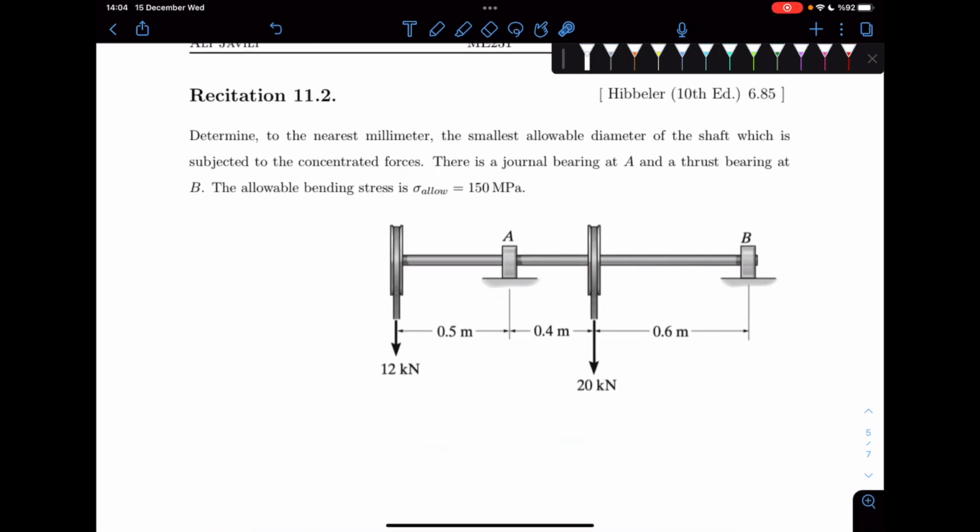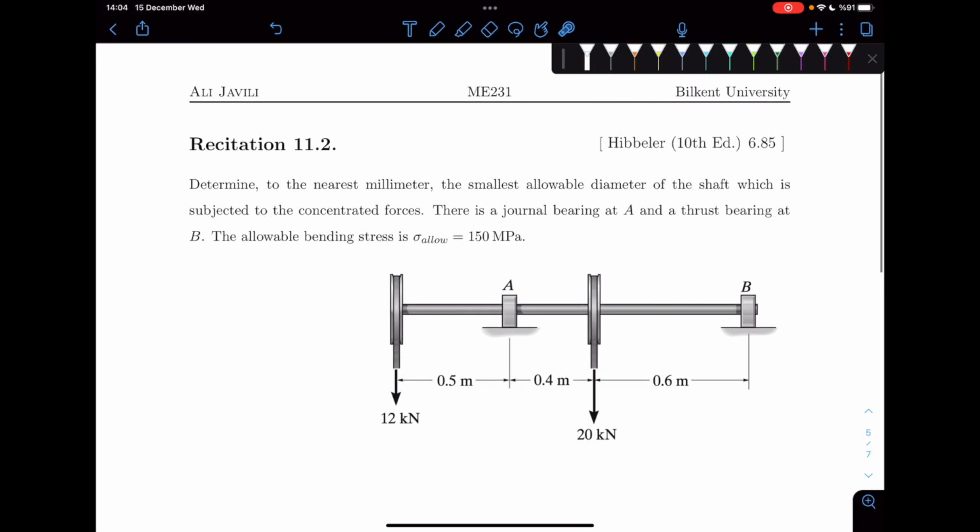All right, so the second exercise is the following. Now, you want to calculate the smallest allowable diameter of the shaft, which is subjected to the concentrated forces.